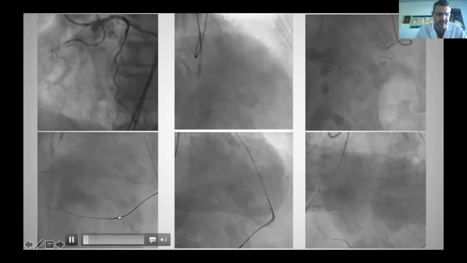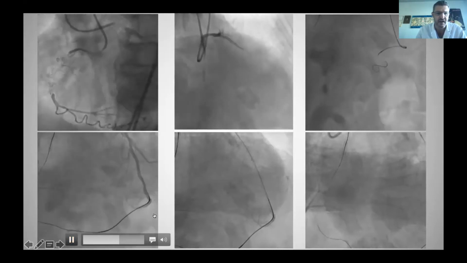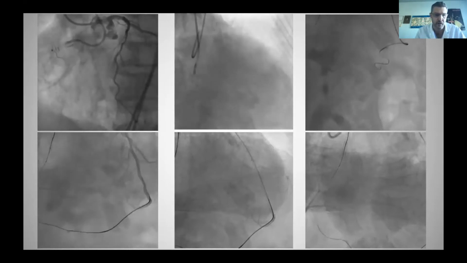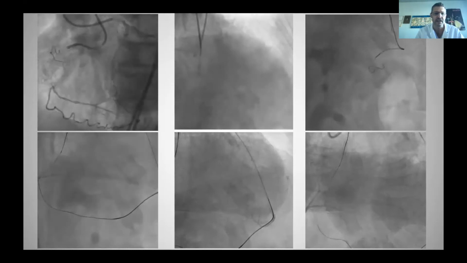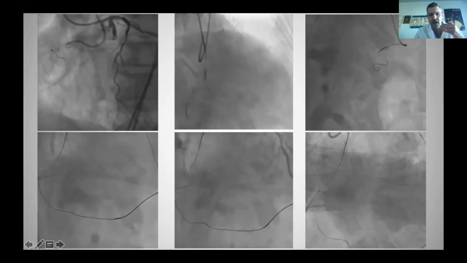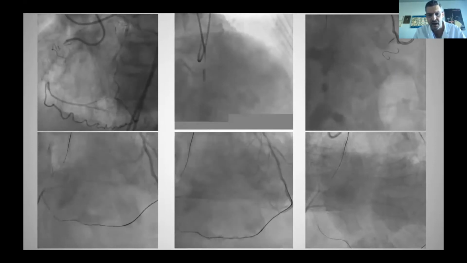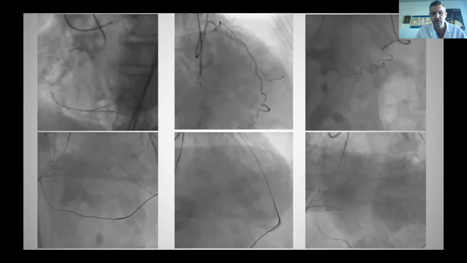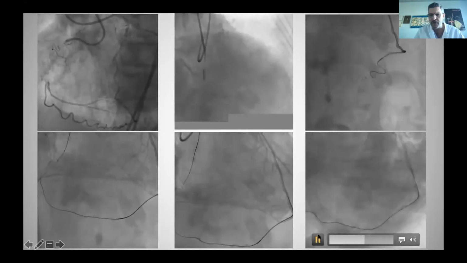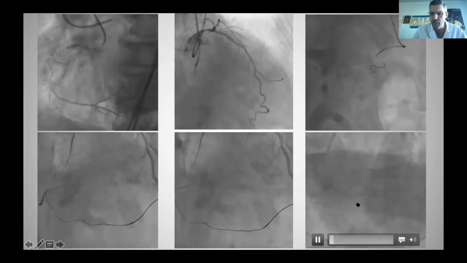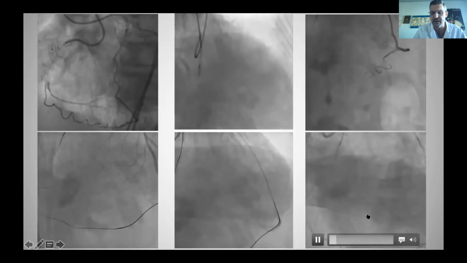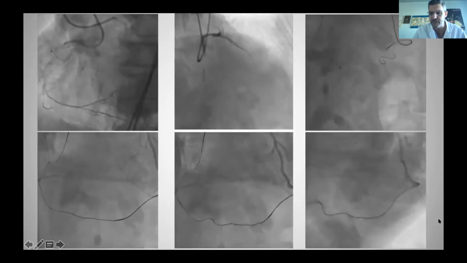But of course, once the wires crossed the epicardial channel, we had an accordion effect that completely stopped the retrograde filling of the RCA. So the patient developed an acute inferior MI, followed by ventricular fibrillation that needed resuscitation maneuvers. So in this case, you should remove all the retrograde gear in order to restore the retrograde filling of the target vessel, and you can solve the situation.